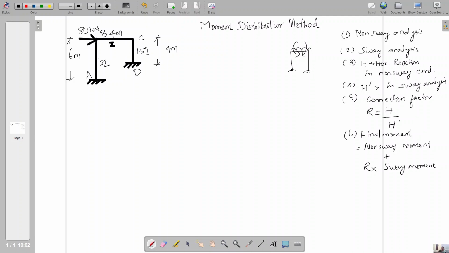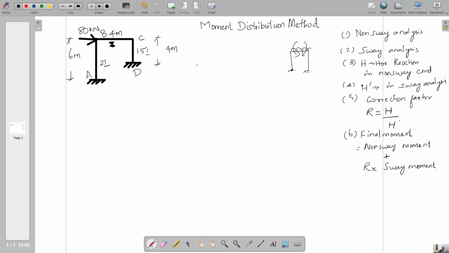In this problem, there is no load on any of the spans. I am repeatedly telling you the span should be loaded rather than the joint. With this understanding, we can continue this problem.